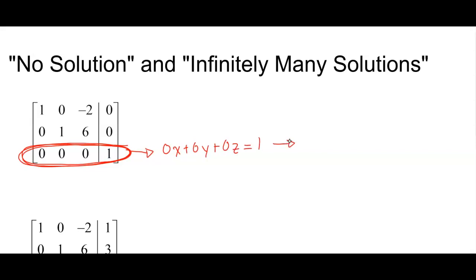In other words, this row is saying 0 equals 1. And when you were back in Algebra 1, that used to be a warning that you had no solution. And it means the exact same thing now. Something like that means you have no solution to the system of equations. So that's what a no solution type of situation looks like.